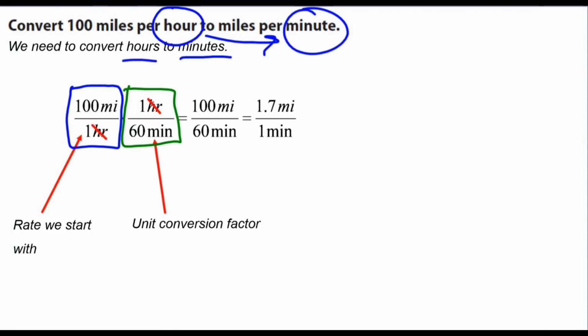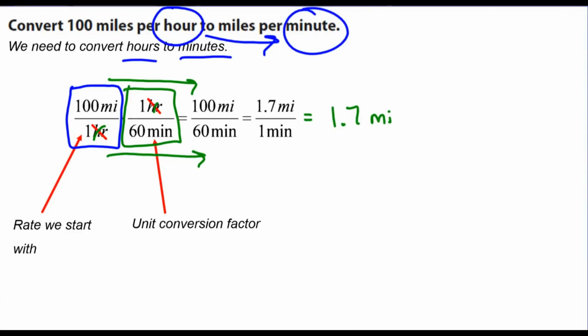So my hours cancel each other out, and I'm left with miles in the numerator and minutes in the denominator. If I multiply across, I get 100 miles and 60 minutes. So 100 miles every 60 minutes, and that's not a unit rate. So I'd take the top divided by the bottom, 100 divided by 60, to give me 1.7 miles per minute.